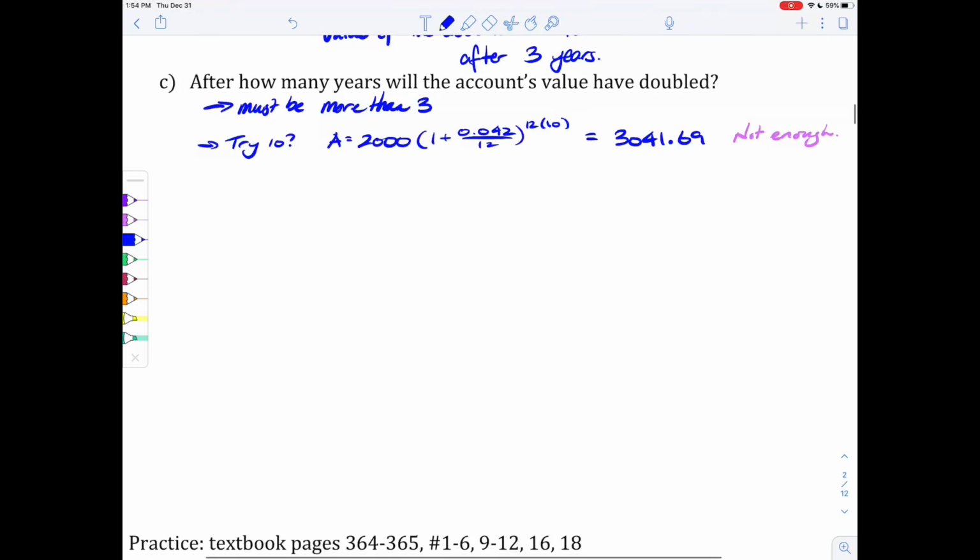Dang. Maybe I'll try something else. So okay, I'll try something higher. Maybe I'll try 20, and I'll use that same formula again. But now for time, I'm plugging in 20 years. And when I put that into my calculator, I get a value of 46.2594.